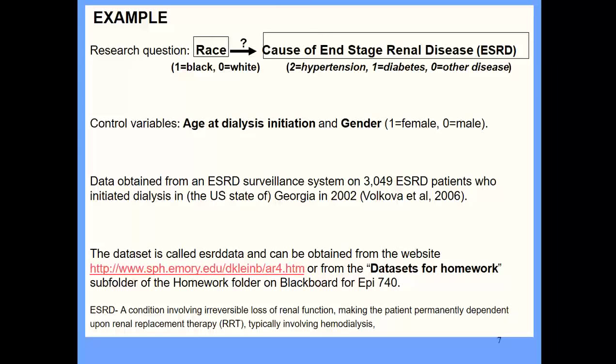We were talking last time, the last thing we did was talk about polytomous logistic regression, and that's dealing with a situation where the outcome variable, particularly when doing logistic regression, has more than two categories.